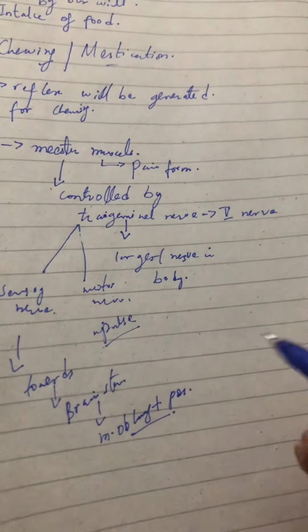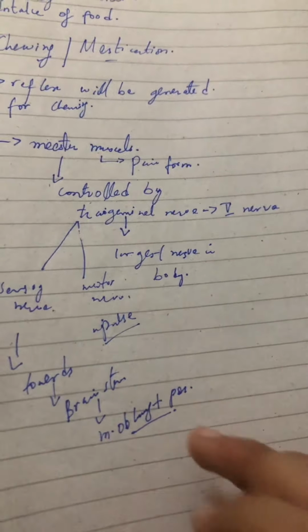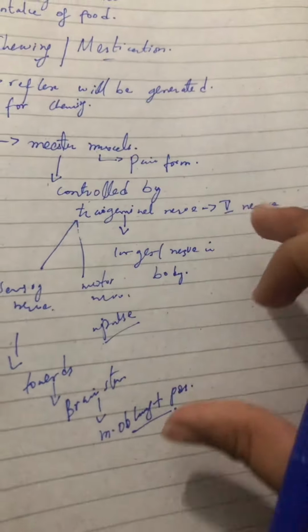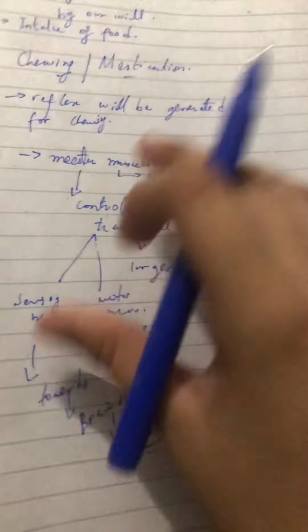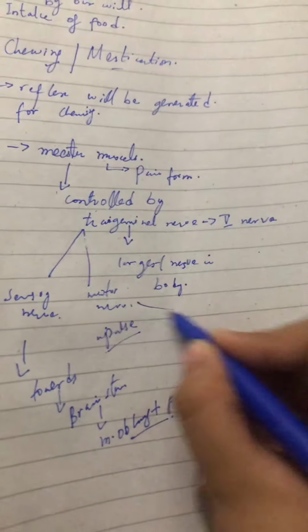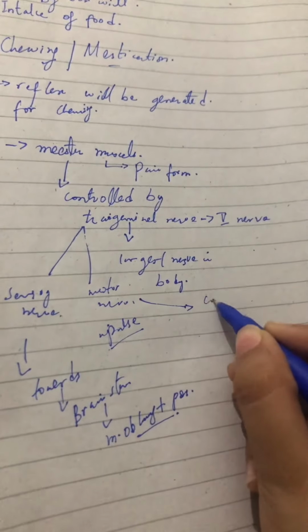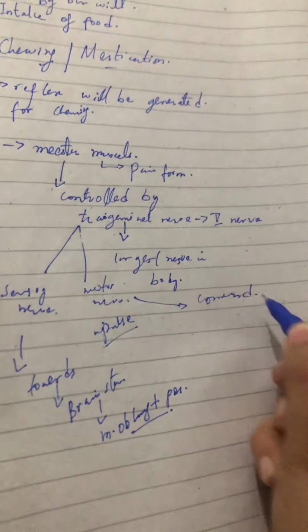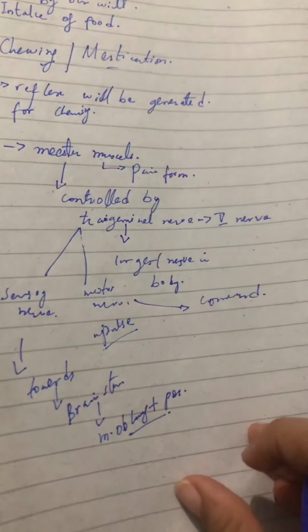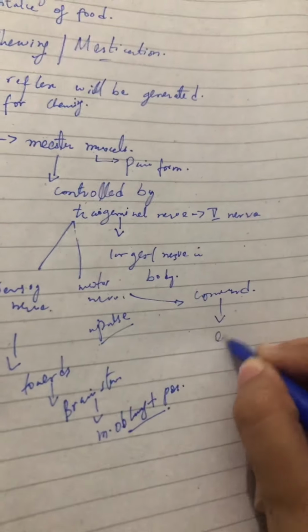Now the message is carried to the brain stem, and the brain gives the command that the food will be chewed by the muscle. That command is brought by the motor neuron towards the effectors.